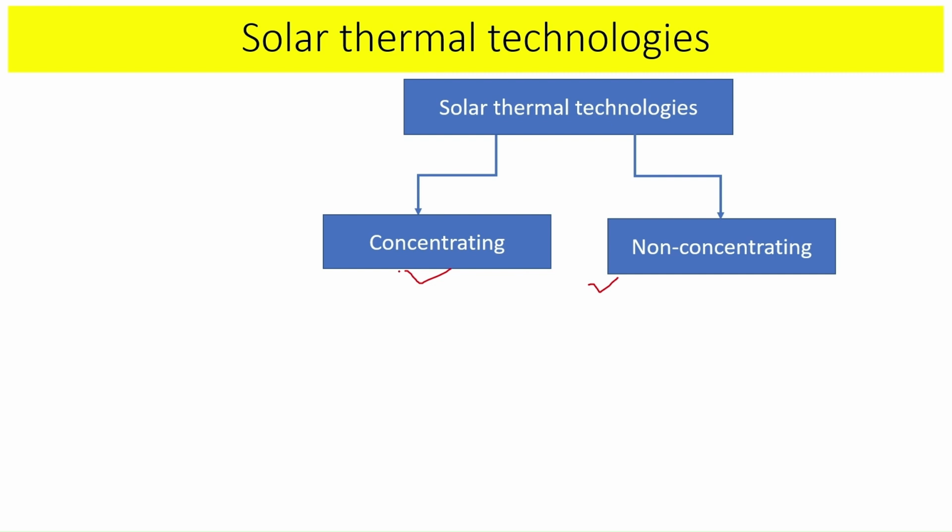We saw that we are receiving 1361 watts per meter square, which was the solar constant. But by the time it reaches the earth's surface, it further reduces. So we have enough solar energy, but it is distributed over a very wide land area.